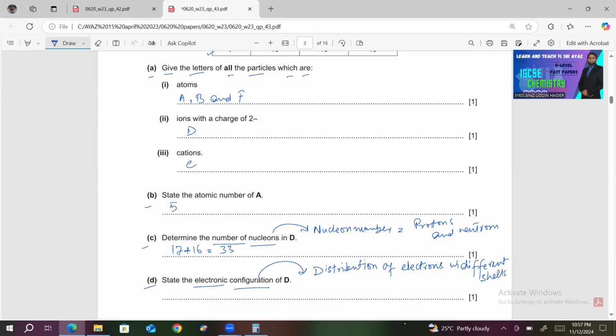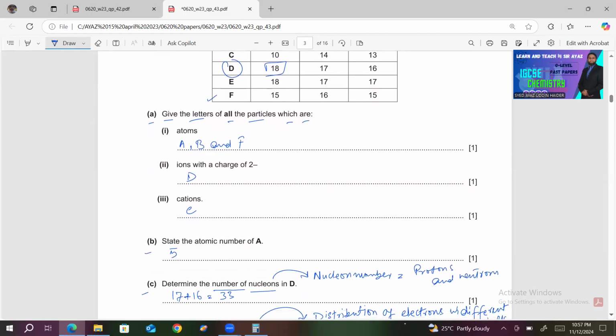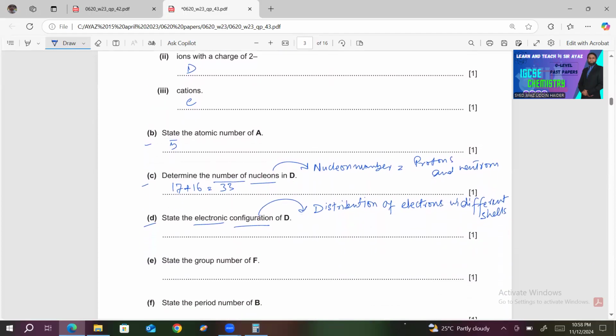So for D, first of all, we need to know the number of electrons in D. In D, the number of electrons is 18. So 18 is the total number of electrons. For your convenience, I am writing the 18 here on one side of D so that you can easily place the number of electrons in each shell.